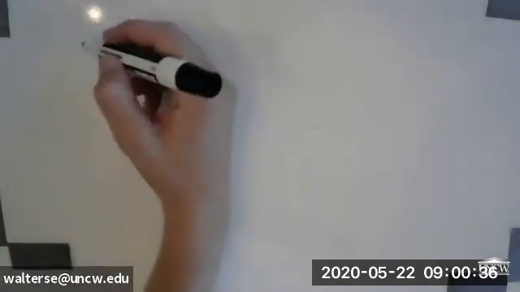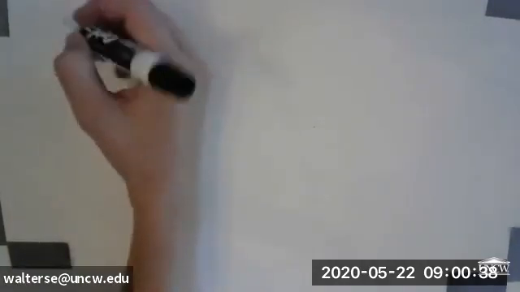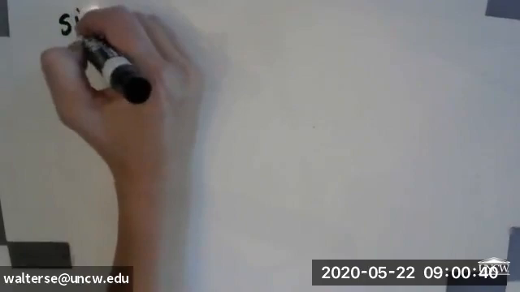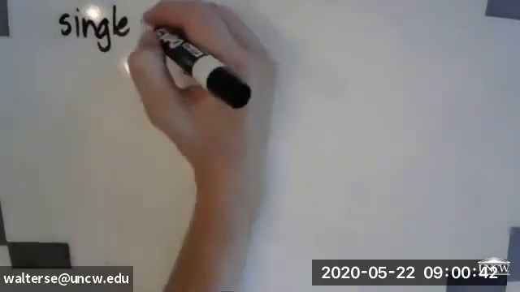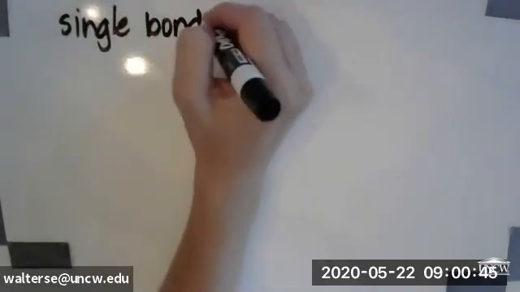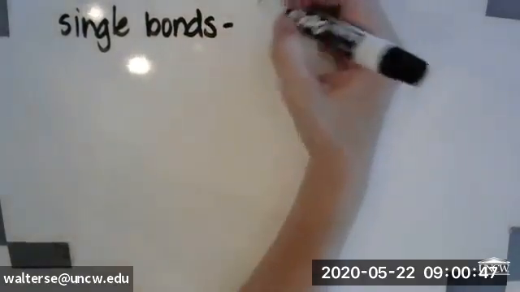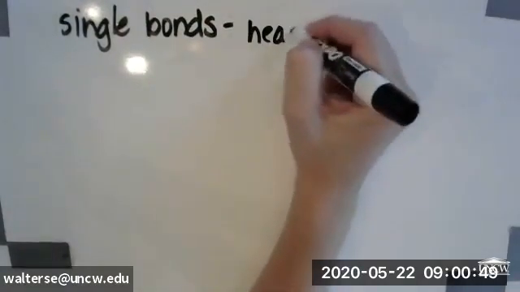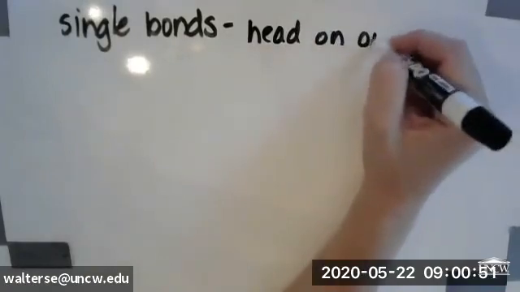So where I had left off last night was with starting to make double and triple bonds using valence bond theory through orbital overlap. And we had ended with ethylene, but what we had done was we had looked at compounds that have single bonds, and single bonds result from head-on orbital overlap.